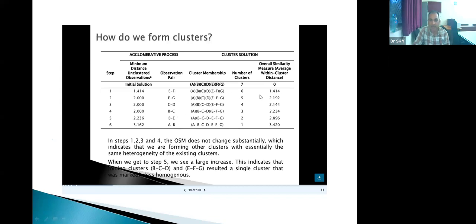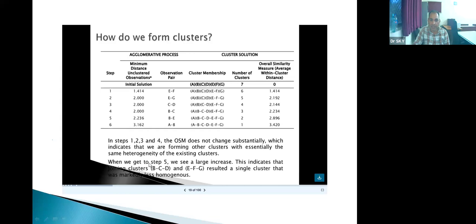Then one by one, we will add these clusters now to each other. At the next step, this is the first step, second, third, fourth. Now, these are the number of clusters. So you can see here, we have first 6 clusters because we have added this one only. Then we have added G with this E and F. This indicates that we are forming other clusters with essentially the same heterogeneity as the existing cluster.